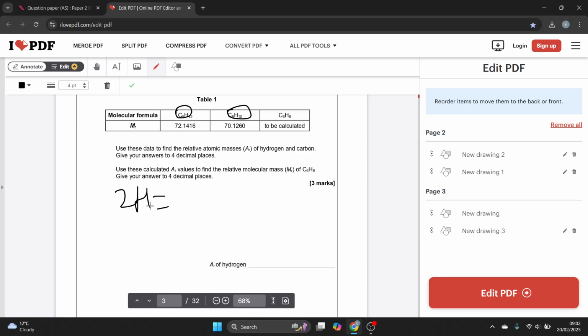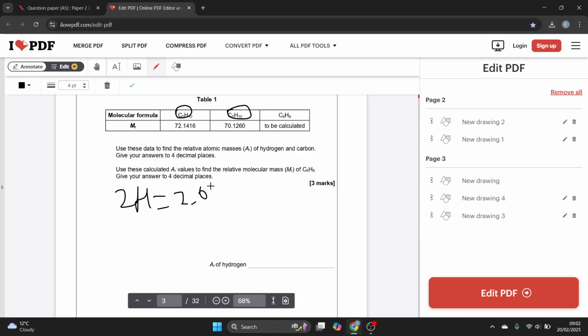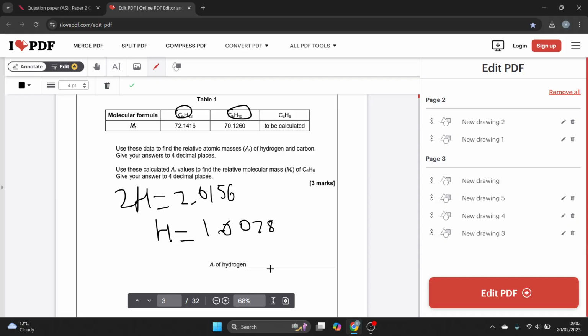In this case then, 72.1416 minus 70.1260 equals 2.0156, so hydrogen equals 1.0078, 4 decimal places.